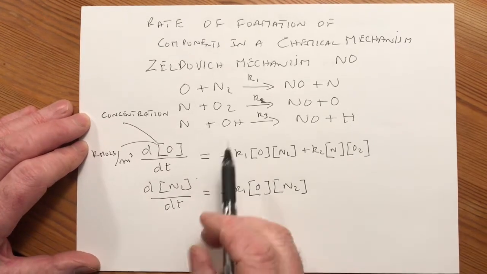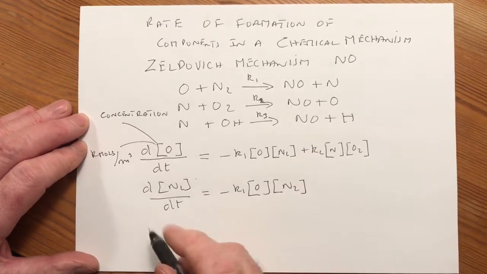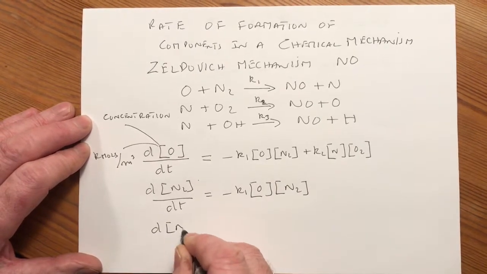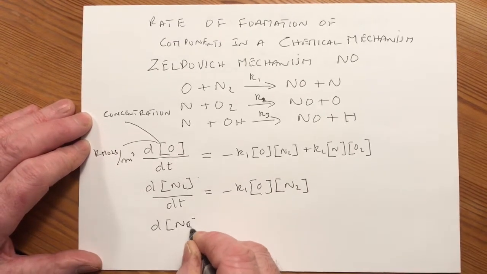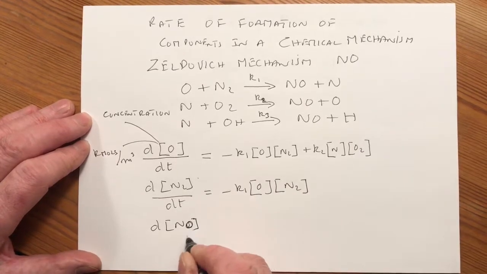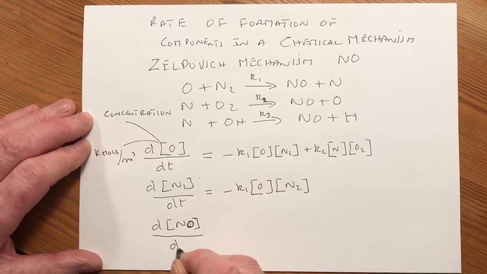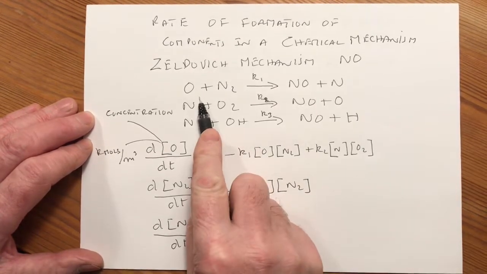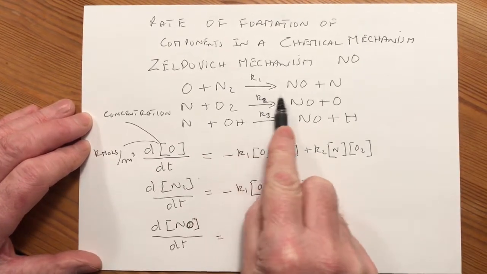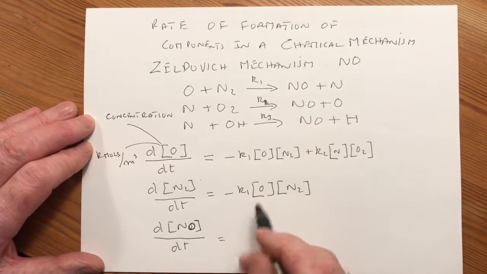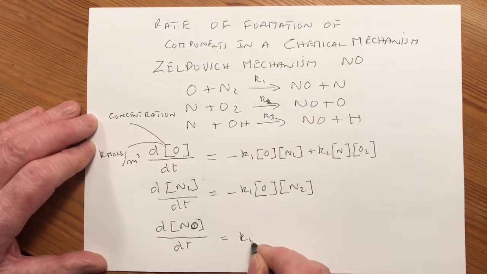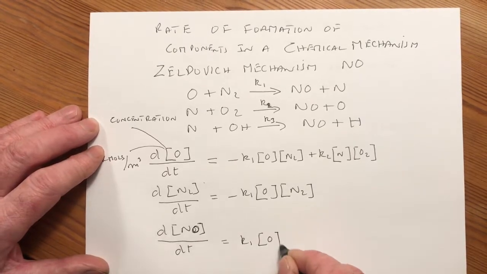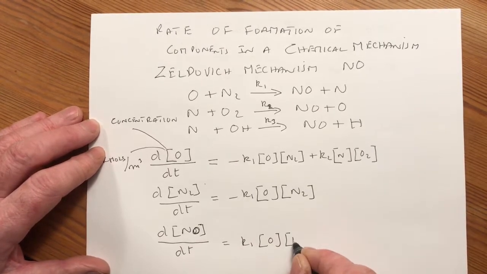So now let's have a look at NO. d[NO]/dt is equal to, in the first reaction, we are forming NO, so this becomes K1 times the concentration of O multiplied by N2.